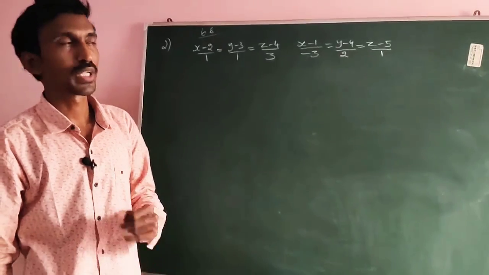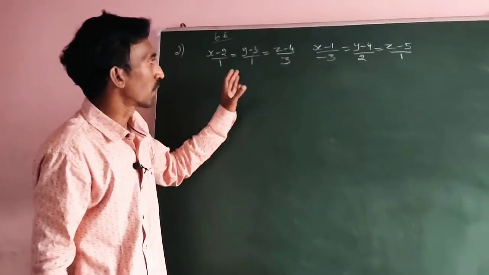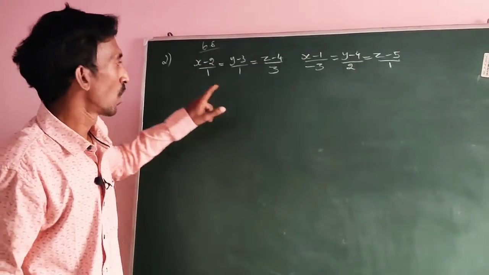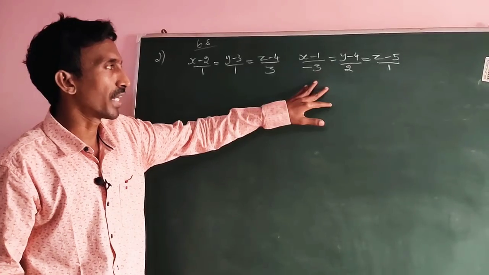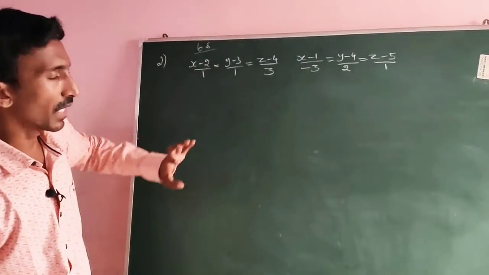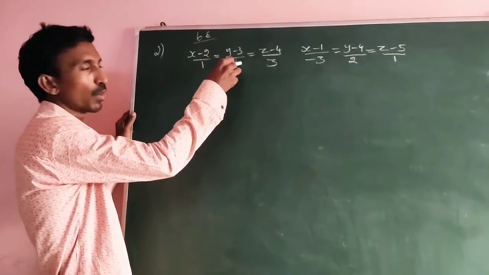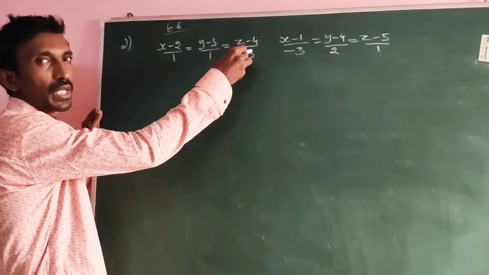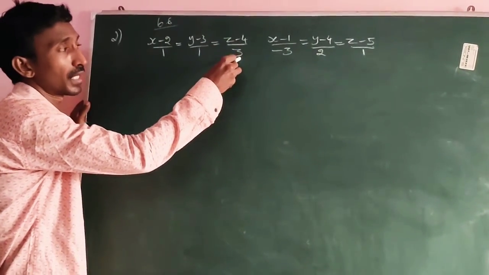Now question number 2 in exercise 6.8. It is the same, but the equations are given in Cartesian form. Show that the two lines are coplanar, and also find the equation of the plane containing these two lines. Let's compare with the general equation: (x minus x1) by b1 equal to (y minus y1) by b2 equal to (z minus z1) by b3.